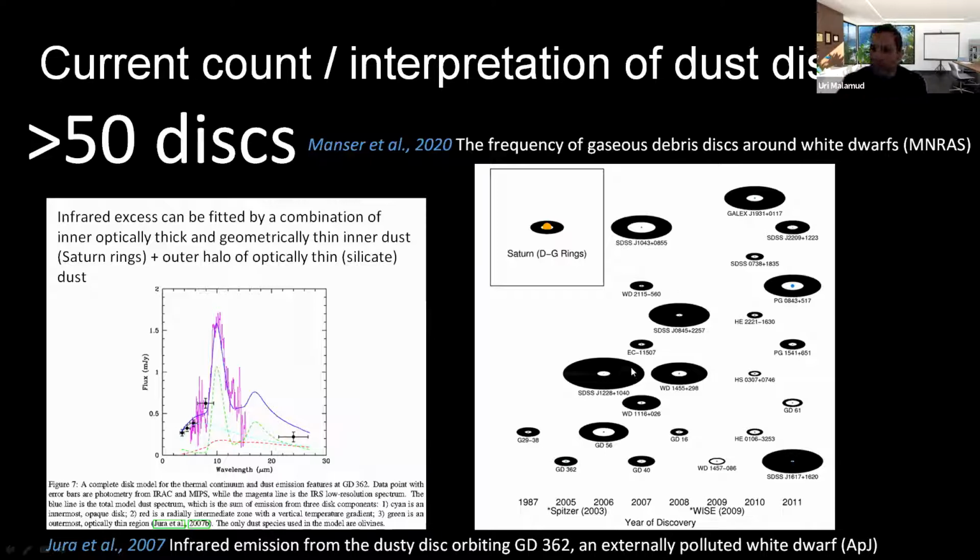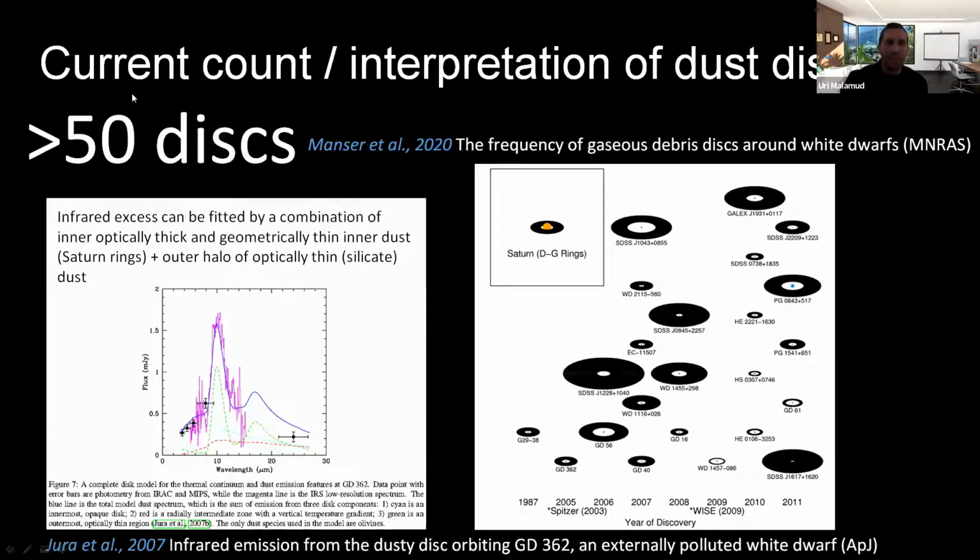And all of the disks that we see, we can fit with this optically thick and geometrically thin disk inside the region which corresponds to 1 solar radius, which is exactly the tidal Roche limit of a white dwarf. So the interpretation is that something comes in, is disrupted, and eventually forms an accretion disk within this distance, the distance in which the tidal forces are more important.